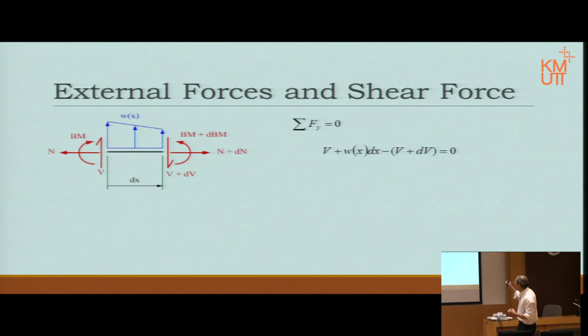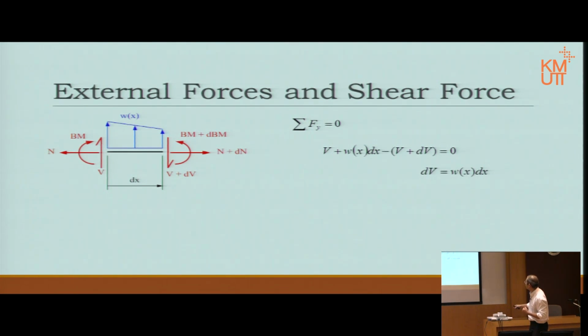In that case, we have V, the first V coming from the left hand side going up, positive. Wx dx is the total force inside that, Wx being the distributed load, and of course it's going up, so positive. And then the last term comes from shear on the right hand side going down, negative the whole term.